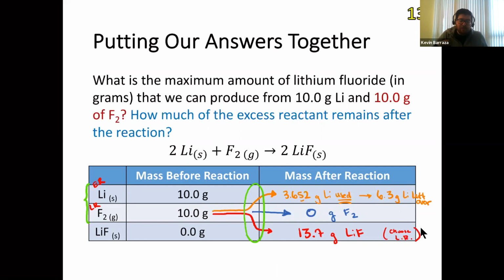But to understand what to do, the actual math is really a conversion. We've been doing a lot of conversions. Really, the challenge of this kind of problem is understanding the definitions, vocab. What does it mean to be the limiting reactant? What does it mean to be the excess reactant? And how do they connect to each other? So that's the thing that we have to emphasize with these.